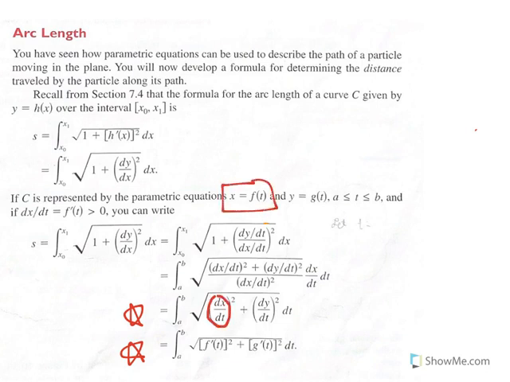Now x is equal to f of t, so dx/dt is the same as f prime of t. So you can also write f prime of t squared. This is saying dy/dt squared. y is equal to g of t, so dy/dt is g prime of t, so you can also write g prime of t squared.